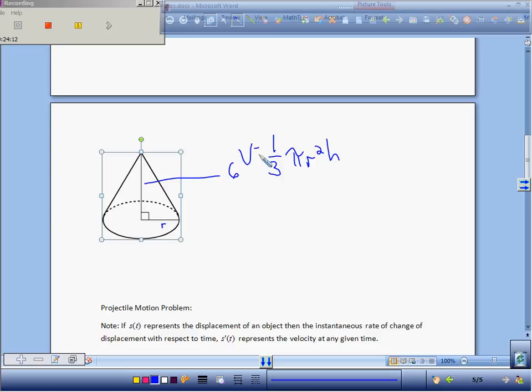And if I plug in 6 here, I get 6 divided by 3, which is 2, so 2 pi r squared, right?